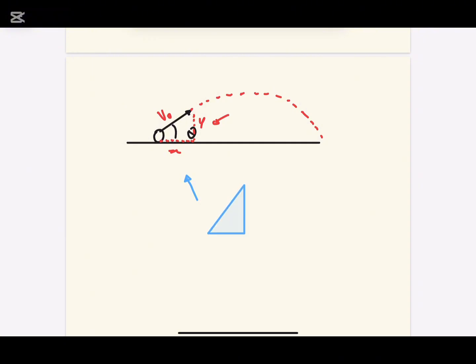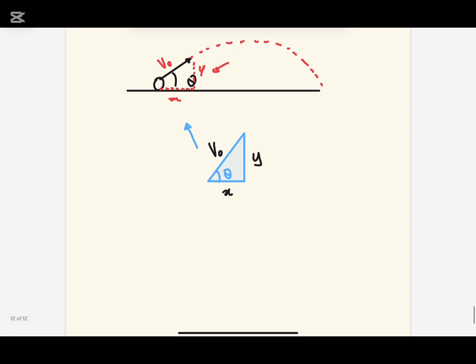So if we have an angle theta here, and this is our velocity initial, then to find these two components we have to use trigonometry. AP Physics 1 expects you to already know basic trigonometry functions such as sine, cosine, and tangent.